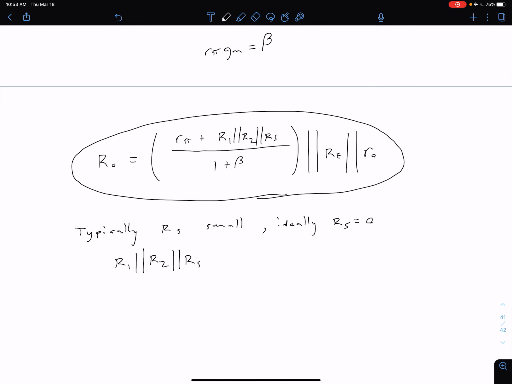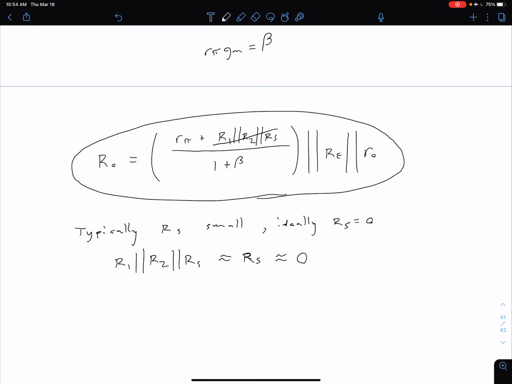Because Rs is going to be really small, that parallel combination is approximately Rs, because remember, a smaller resistor is going to dominate a parallel combination. If that doesn't make sense, you can play around with some numbers in the parallel combination equation and it should become pretty obvious. So we're saying that Rs is approximately 0 in an ideal case, which means we can essentially ignore this term here.